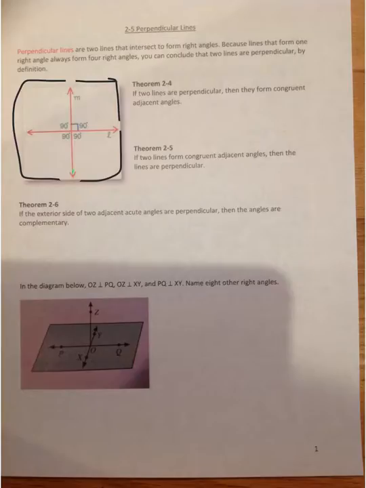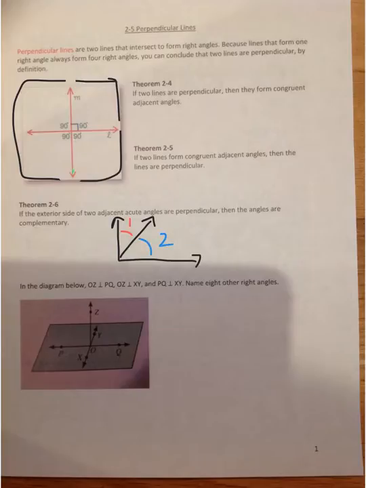Theorem 2.6 says if the exterior sides of two adjacent acute angles are perpendicular, then the angles are complementary. What does that mean? Let's take a look at this. Here we have angle 1 and we have angle 2.